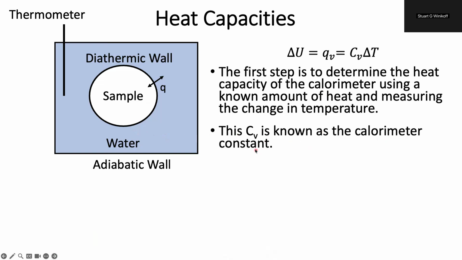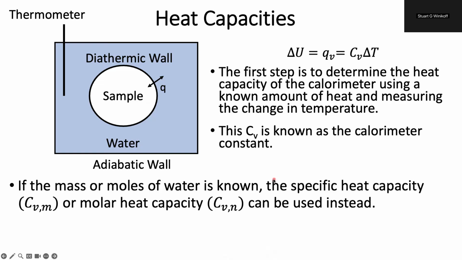One of the big things I want you to note here is the calorimeter constant will be a size extensive property. It will depend on how much water is in the chamber. And it will usually have units of some energy per temperature. Most common options here are going to be joules per Kelvin or kcals per Kelvin. Often kilojoules is a common choice as well.